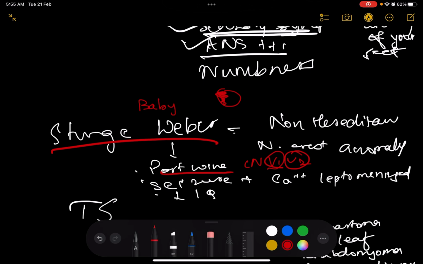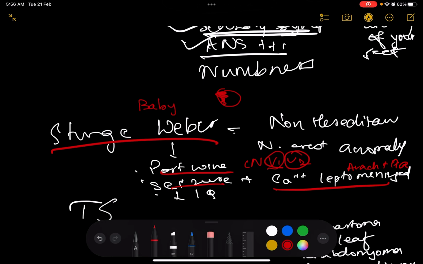Very important is that the patient has seizures, and there is a lot of leptomeningeal calcification, involving the arachnoid and pia mater. Because of the calcifications, a lot of seizures and epileptic episodes are seen.